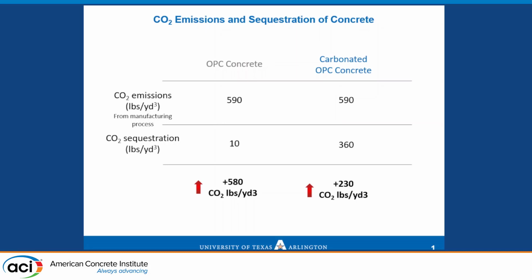So there is room for improving these numbers if we want to make it neutral, and people had shown during the first session how we can make it neutral. I'm going to show you a second approach to go a step further, make it negative.